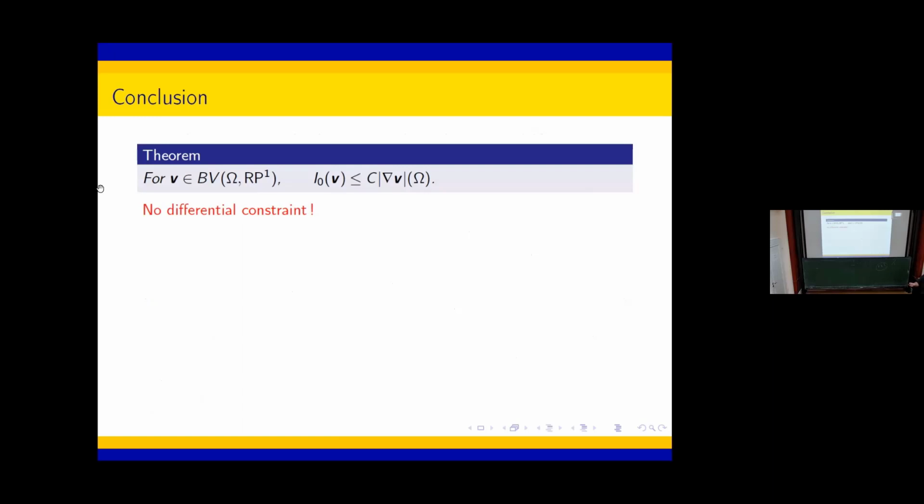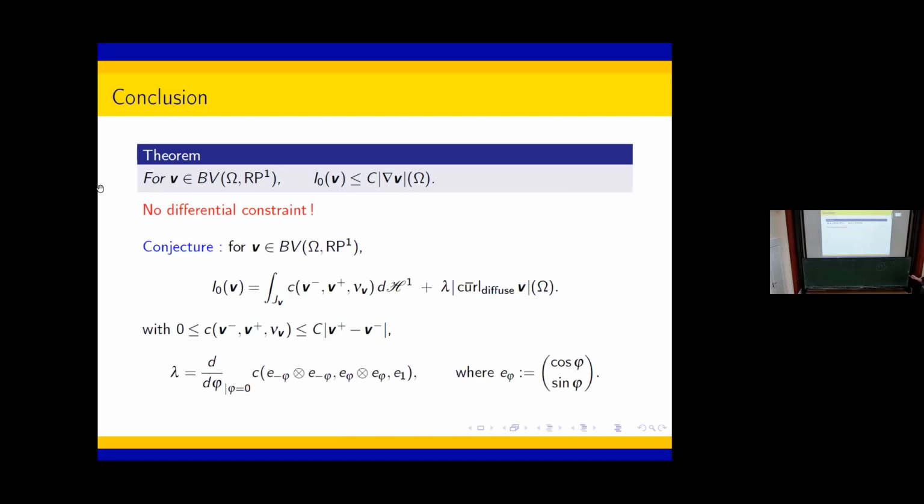For the Aviles-Giga problem, we still do not know how to prove that what we expect to be the gamma limit is the gamma limit. In this case, it's worse. So we want to try.